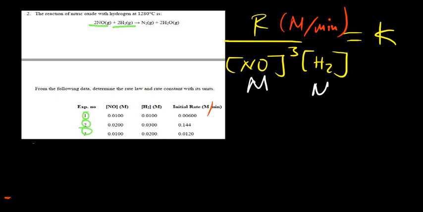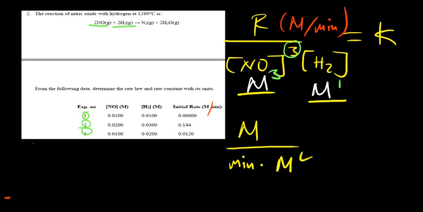Now, this part is raised to the power 3, and the other to the power 1. And then you have molar per minute, divided by molar to the power 4, equal to k. The m can cancel out on top, and then you have molar to the power 3, multiplied by minute there.